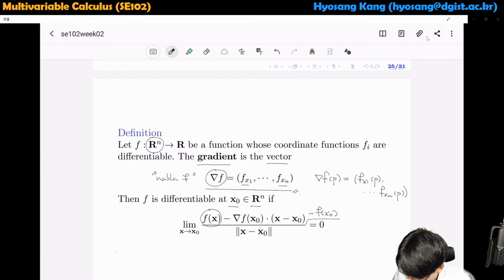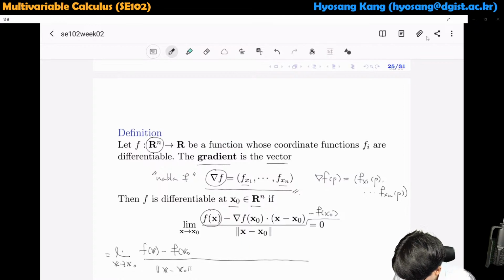But if I write that as the long expression again, when the coordinate x goes to x0, the denominator is simply the distance between these 2 points, and the numerator is the value of the function minus the value at x0, minus f_x1 at x0 times x1 minus x10, and so on up to f_xn at x0 times xn minus xn0.